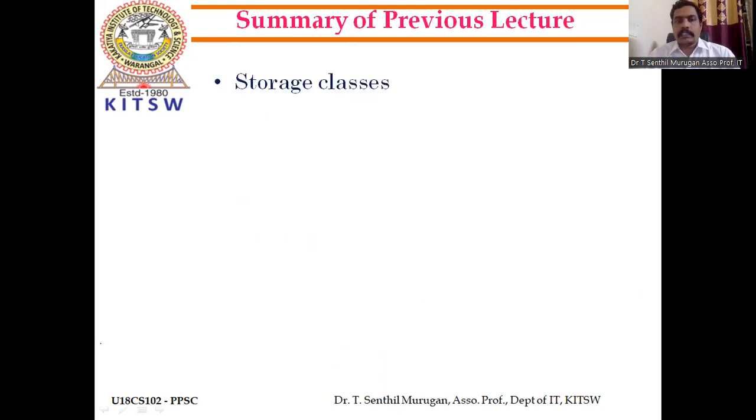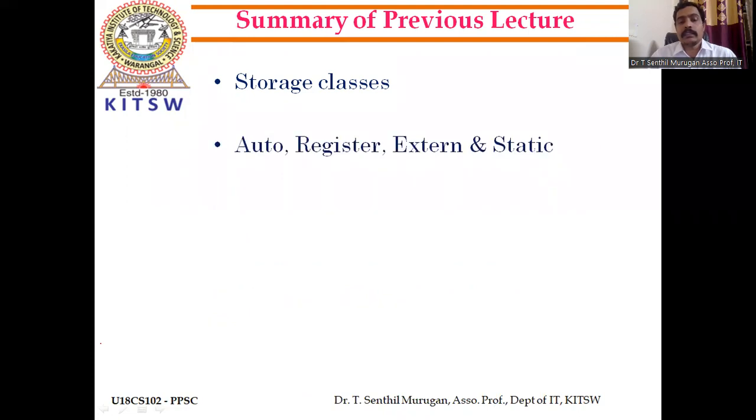Before starting this lecture, we must discuss the previous class summary. In the last video lecture and classroom discussion, we discussed the storage classes in C language: auto, register, extern, and static. Auto is the default storage class. Register is used for fast accessing.